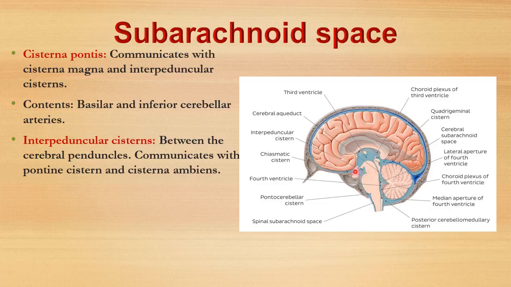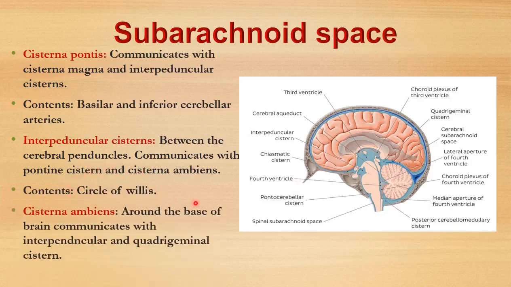Anteriorly and rostrally it is also continuous with the chiasmatic cistern, which is situated near the optic chiasma. So it contains the main arterial circle, the anastomotic circle, the circle of Willis. Then you have the cisterna ambiens around the base. It communicates with the interpeduncular cistern and quadrigeminal cistern.